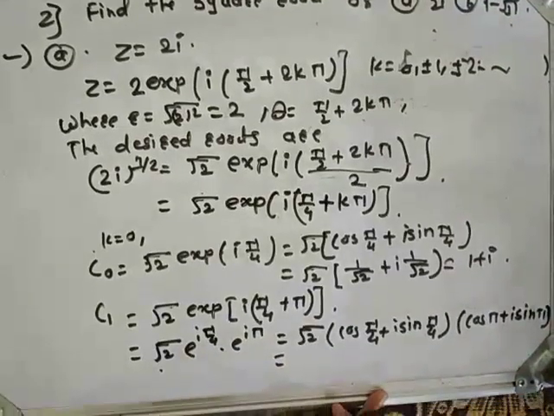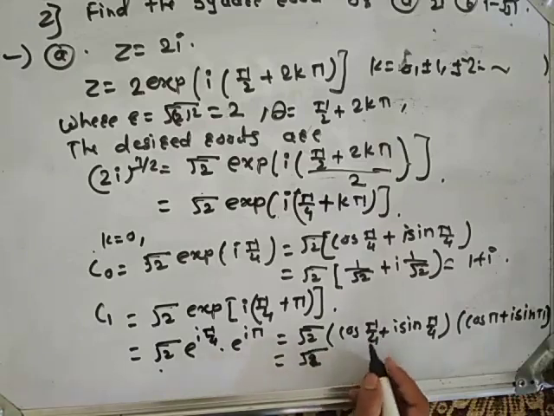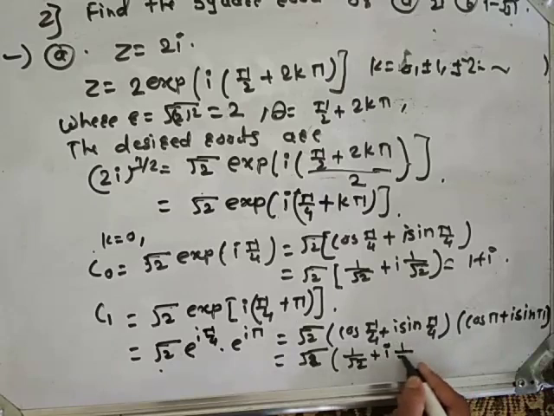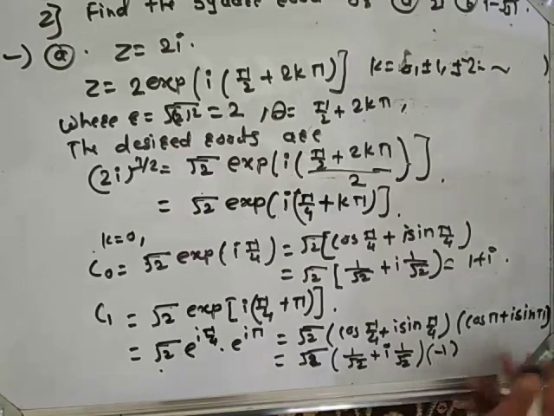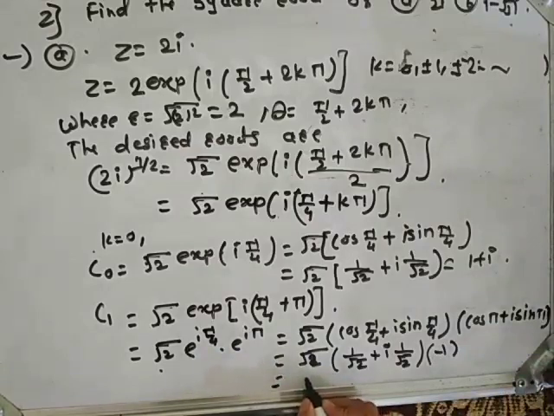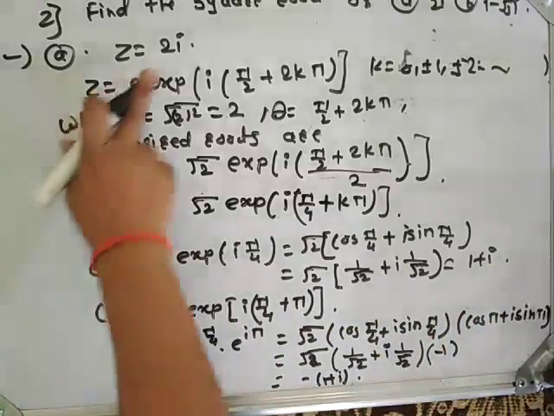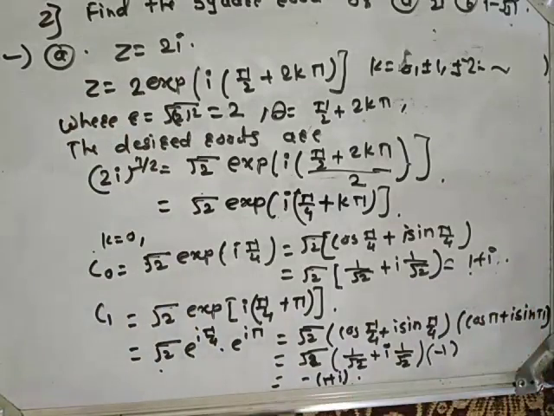This equals root of 2 into 1 upon root of 2 plus i into 1 upon root of 2, into cos pi is minus 1, sin pi is 0. So this is nothing but minus 1 minus i. So z equals 2i has roots 1 plus i and minus 1 minus i.